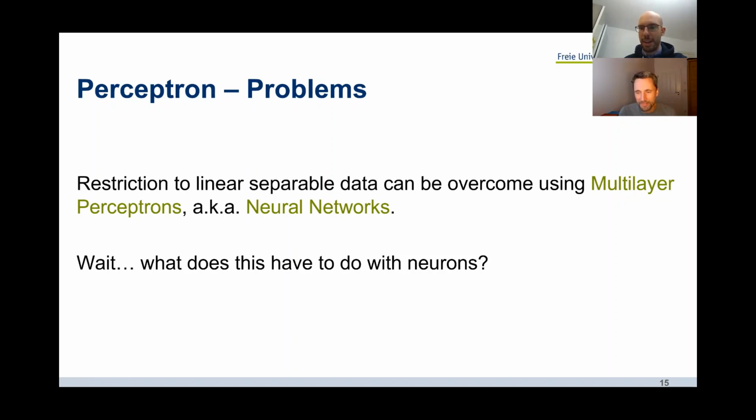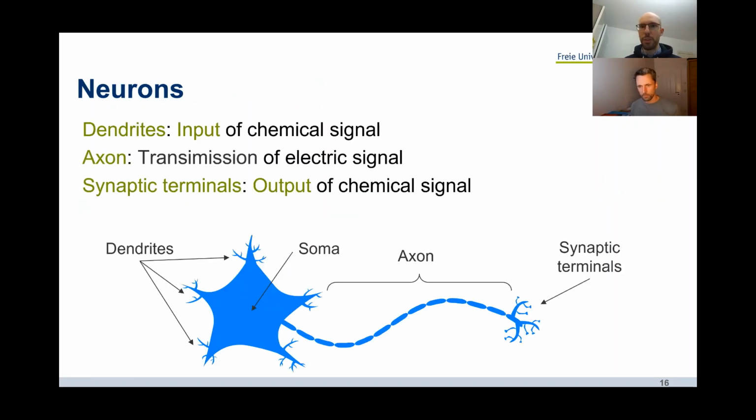Exactly. So let's move on to the connection that our perceptrons and multilayer perceptrons have with neurons. I'm not going to bore you with a lot of biology, just a very rough sketch of how biological neurons work. Your neuron is built something like this. You have a soma, which is the body of the cell.